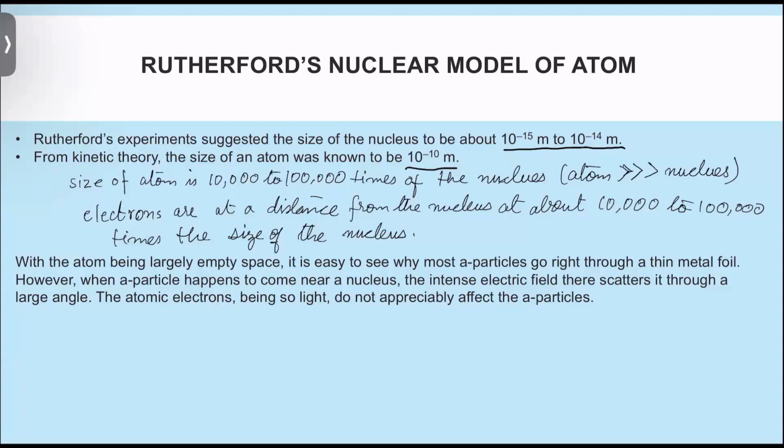But whenever the alpha particles come near a nucleus, the intense electric field there, because of the different charges of the electrons and the nucleus, scatters them through a large angle. And the atomic electrons, since they are so light, are not affected by the alpha particles passing through the thin metal foil we were considering.